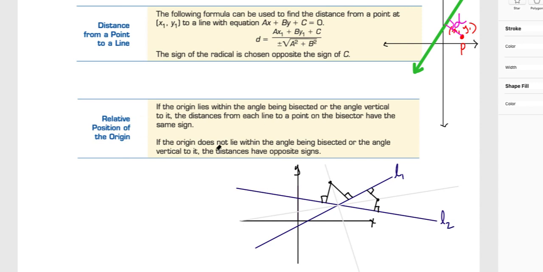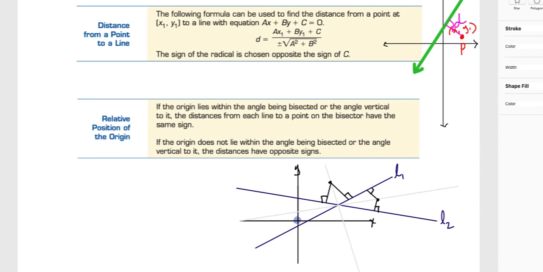So this is saying, if the origin does not lie within the angle being bisected. Here's the origin here, let me make it bright and big. There's our origin. If the origin does not lie within the angle being bisected, or the angle vertical to it, then the distances have opposite signs.